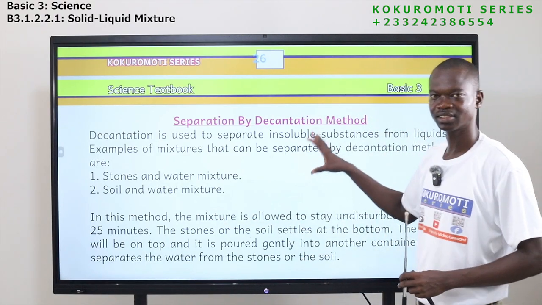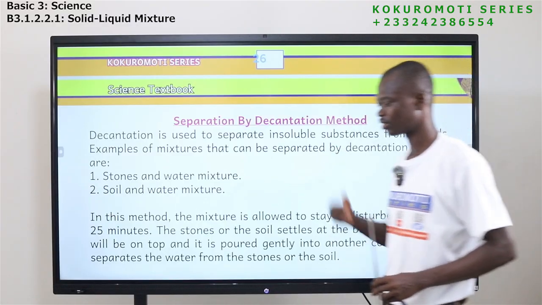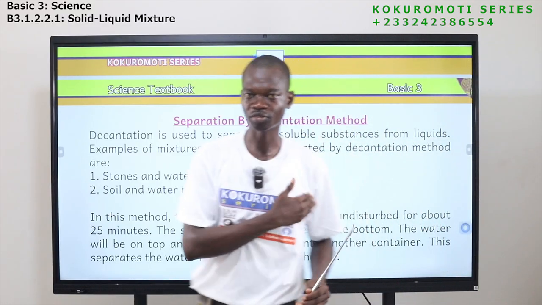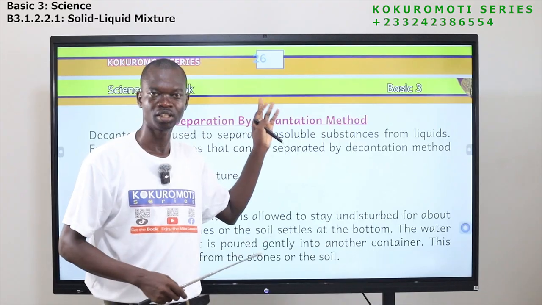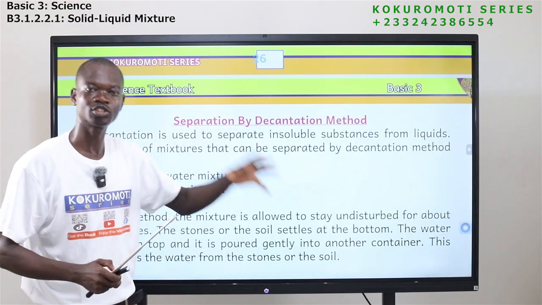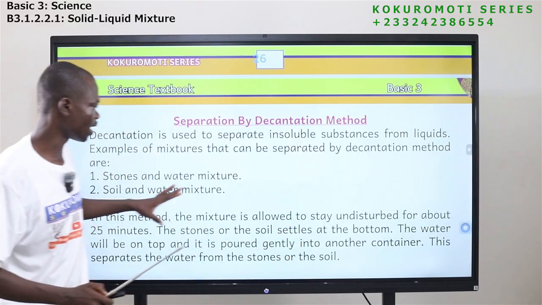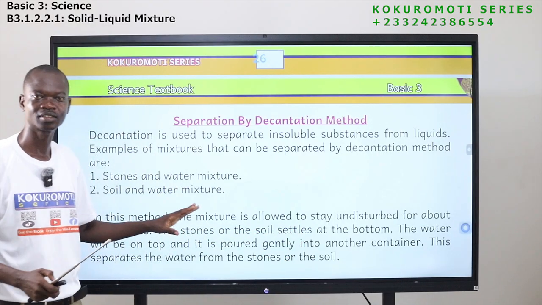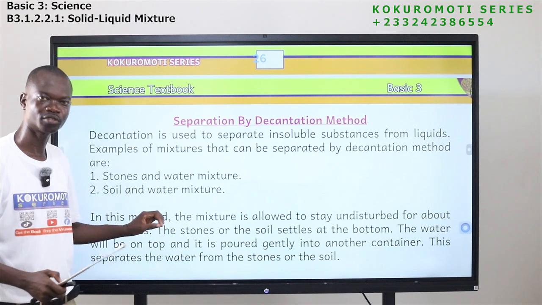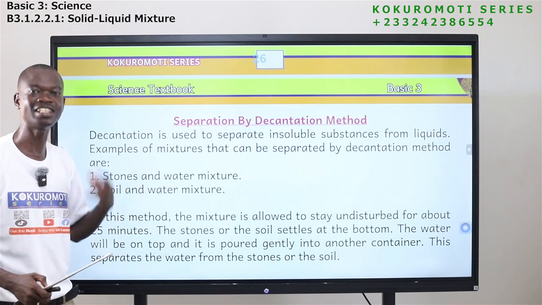If you look at this decantation method, the kind of mixtures that can be used for this is different from the evaporation method. As for evaporation method, the water dissolves the solid particle. But here, the water does not dissolve the solid particles. The solid particles are insoluble.